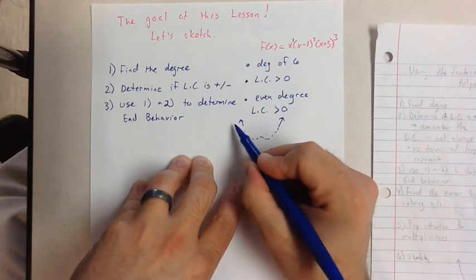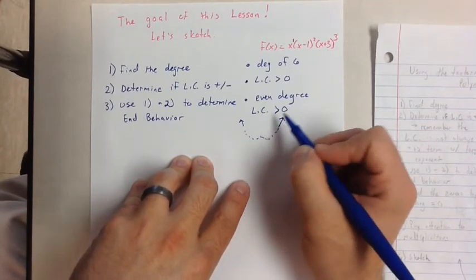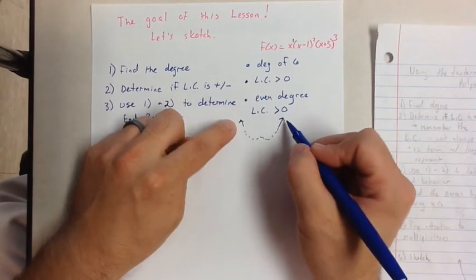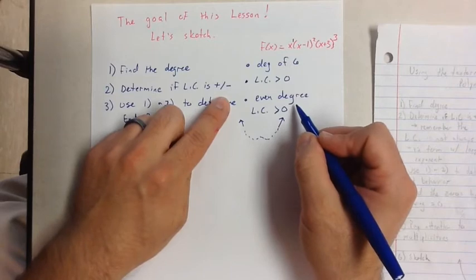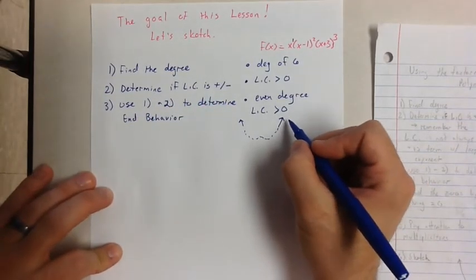Both ends will be pointing up. What happens in the middle, we don't know yet. But what we know with an even degree and leading coefficient greater than 0 is that the ends of our function are both pointing up. We saw this in our previous lesson.